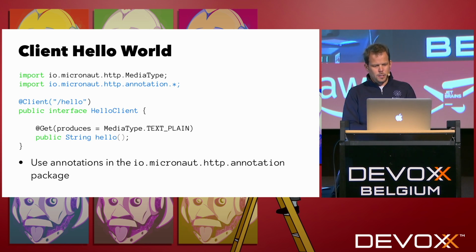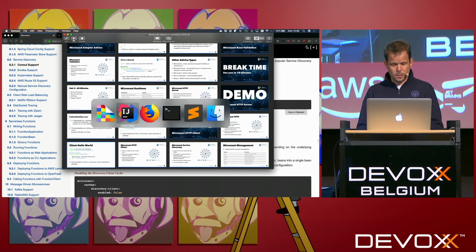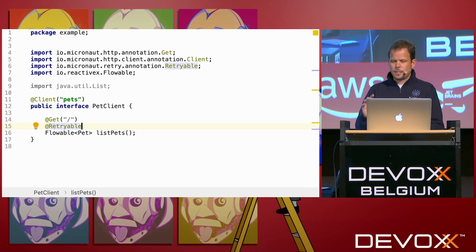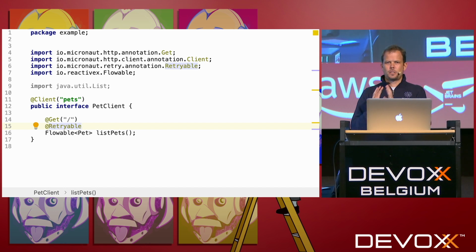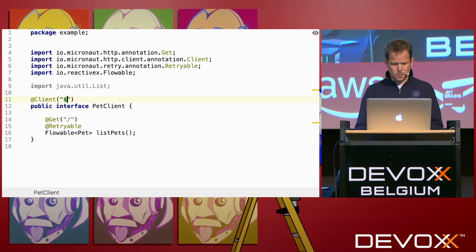Another thing I should point out about the client before I move on, and about Micronaut in general, is that in Micronaut, every single annotation value that is a string is configurable. What does that mean? It means I can put a value in here which is my pets service ID, otherwise pets.